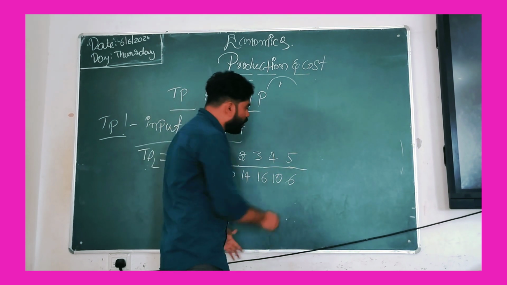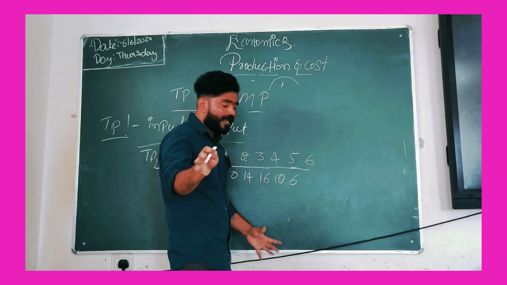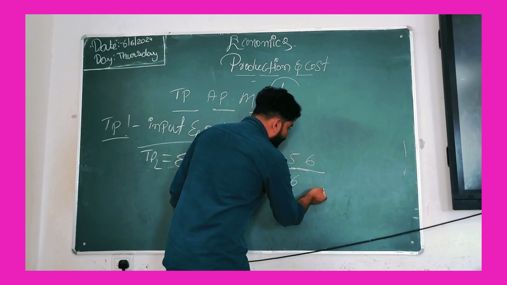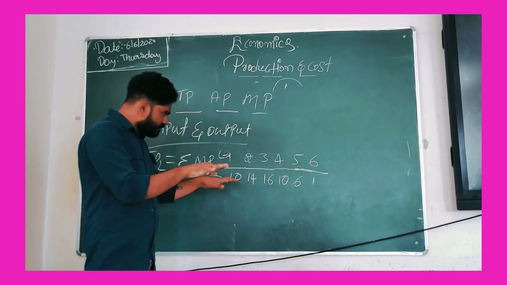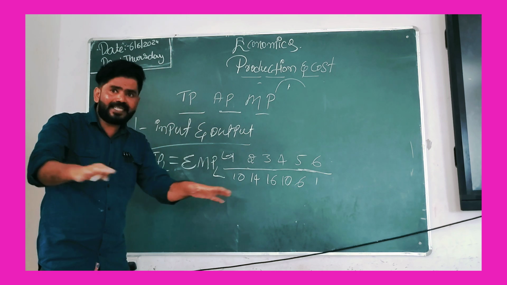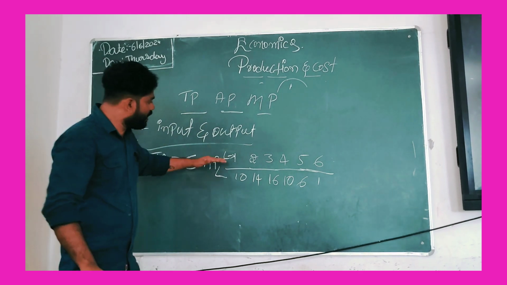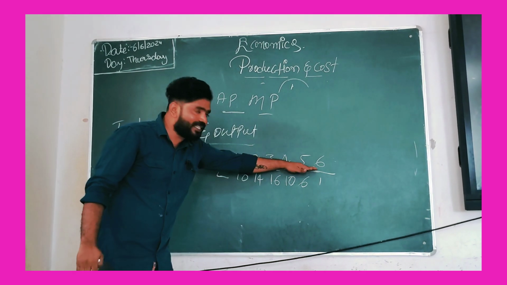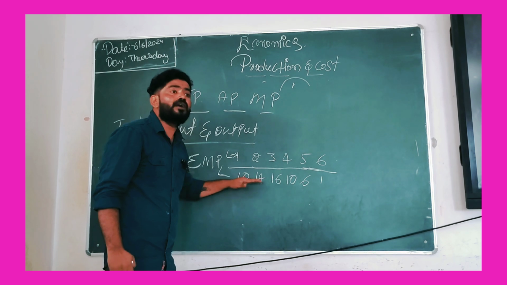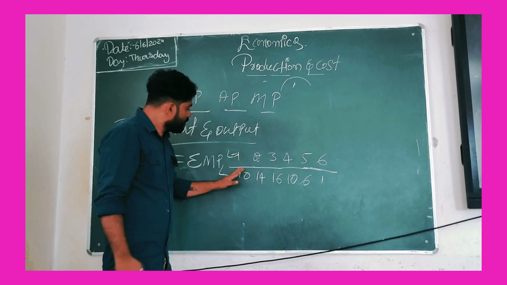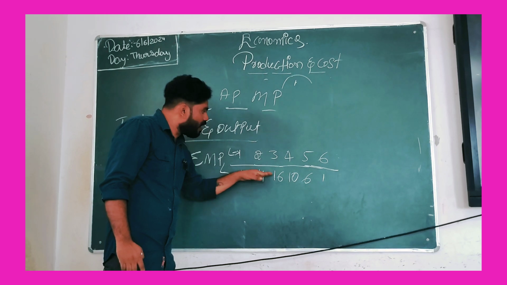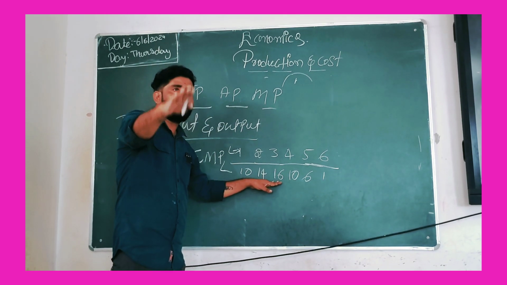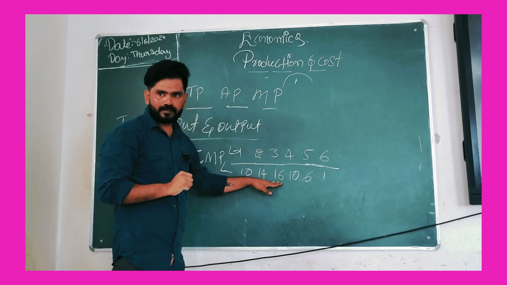Suppose the firm uses 6 units of labor, the product is 1. It means the product totally decreases. When labor increases, the marginal product decreases. Sometimes the marginal product increases first and afterwards decreases.